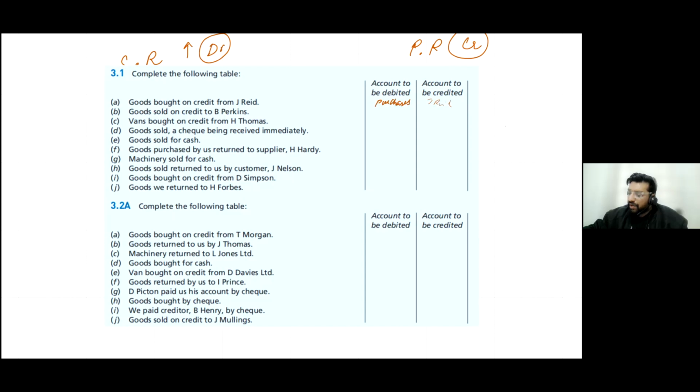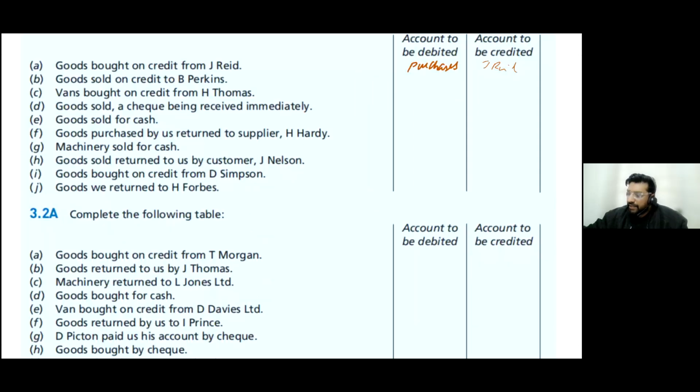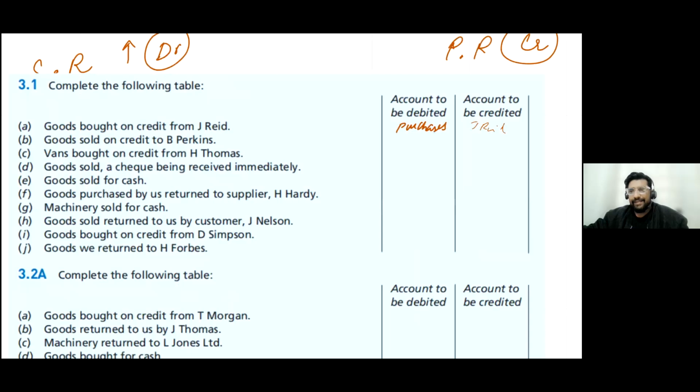Goods sold on credit to B Perkins. So when we did the sales, our stock is decreasing.